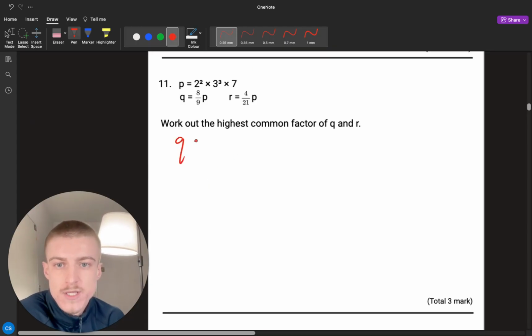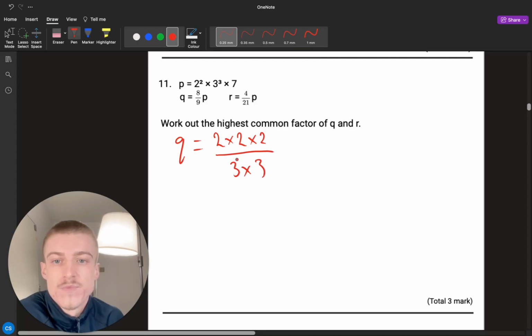So q is 8 over 9 times p, but 8 is 2 cubed, so 2 times 2 times 2. 9 is 3 times 3. And that's times p, so I'm just going to substitute it in. 2 squared times 3 cubed times 7.